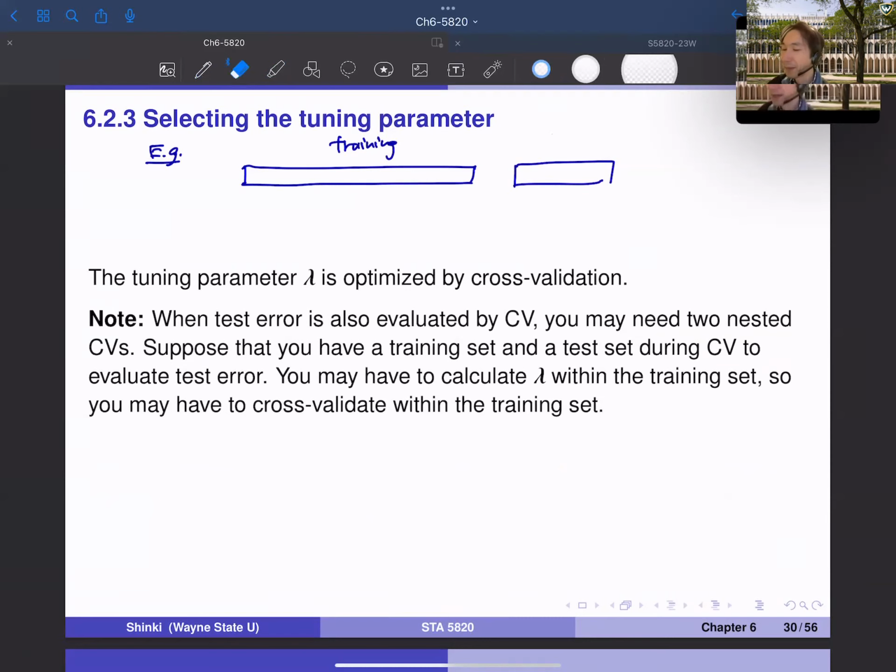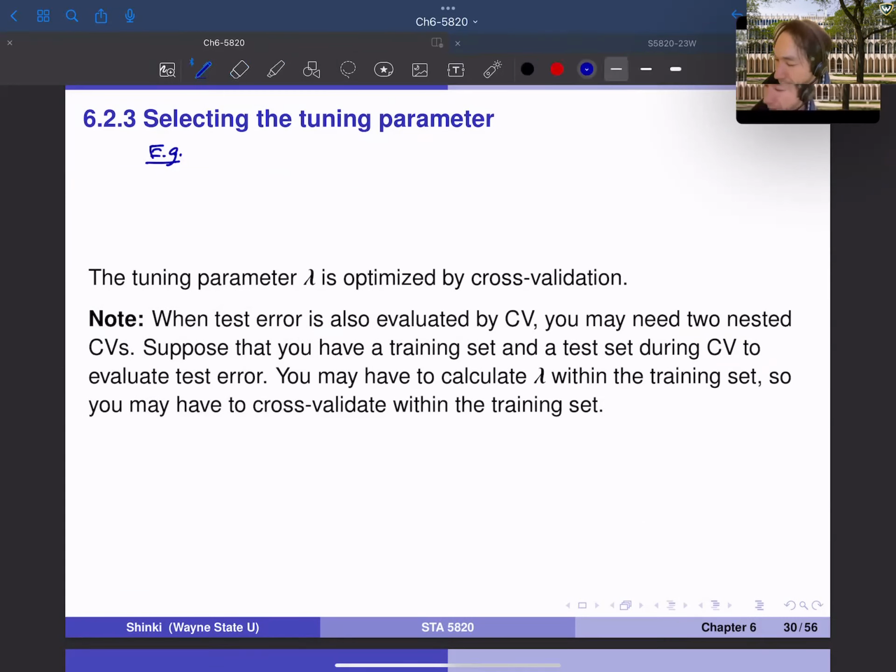Oh, sorry, I think this is too complicated beforehand. So just the most fundamental example. This is the data set.